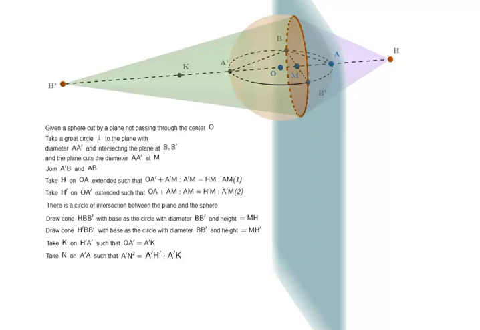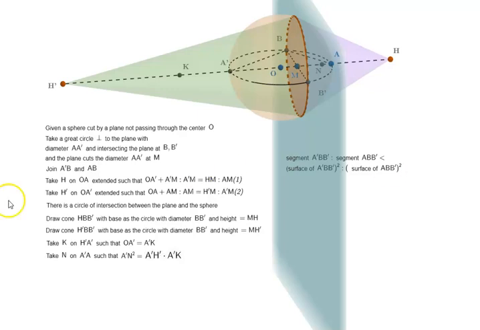So let's take N. The segment of the sphere A'BB' is to the segment of the sphere ABB' is less than the square of the surface of A'BB' is to the square of the surface of ABB'.